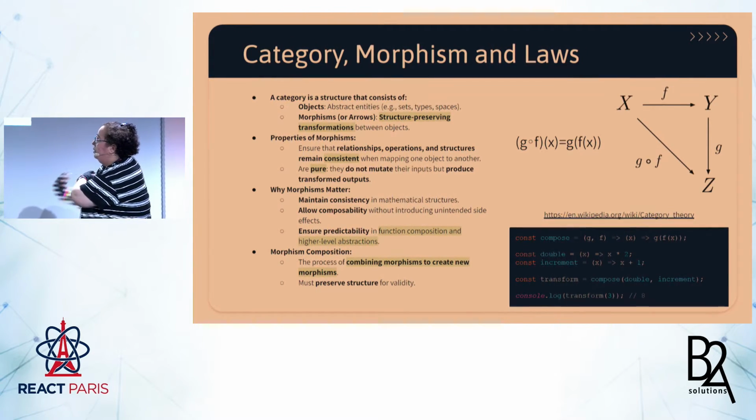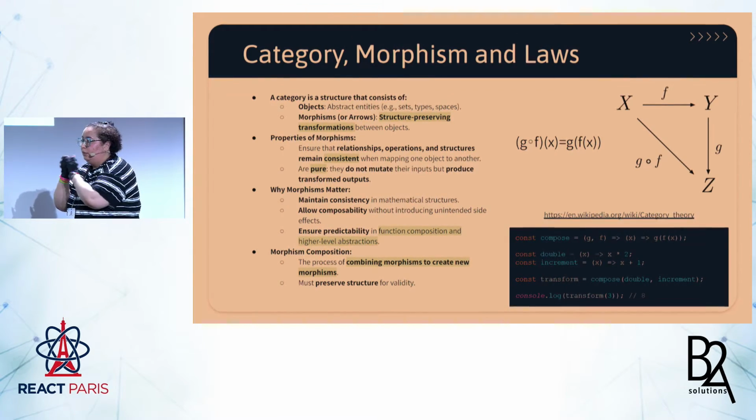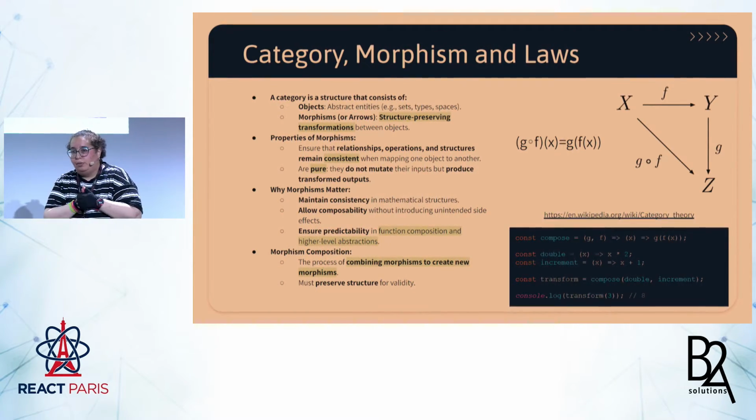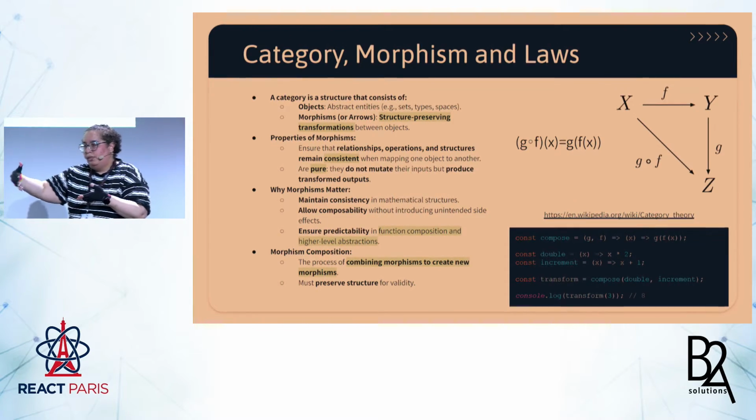What do we gain from this? We gain consistency, we gain deterministic behavior, and also category theory says that if we have a complex morphism, a complex transformation, we cannot write it as one piece. We should make composition. Like in math, if we have a complex expression, in our mind we try to decompose this operation.